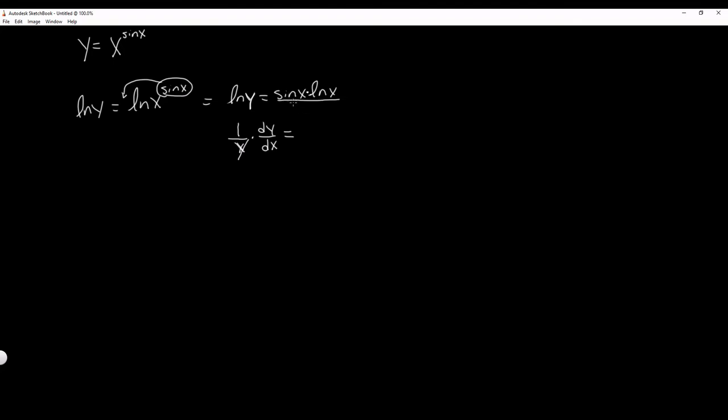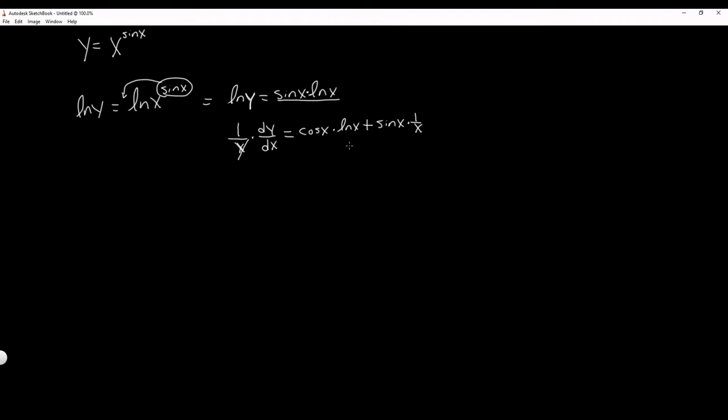So we're going to take the derivative of the first and then multiply it by the second, and you know how we did it. So the derivative of sine is cosine x times the second, which is the natural logarithm of x, plus the first, sine of x, times the derivative of the second, which is the derivative of ln of x, 1 divided by x.